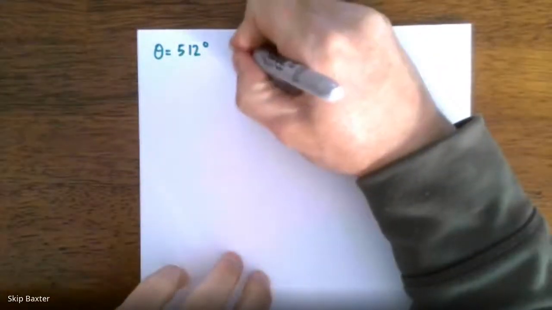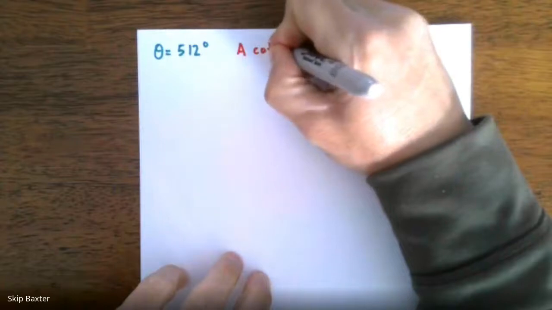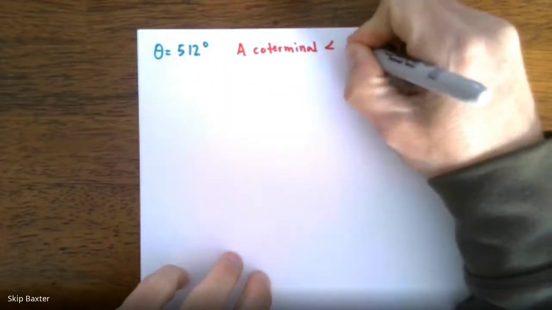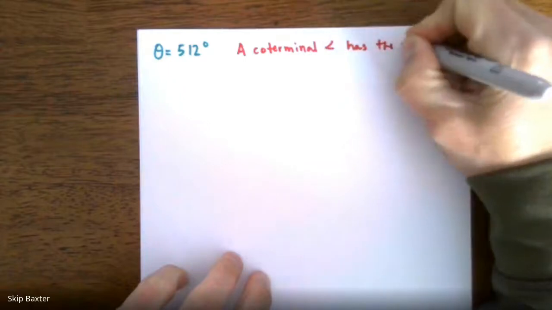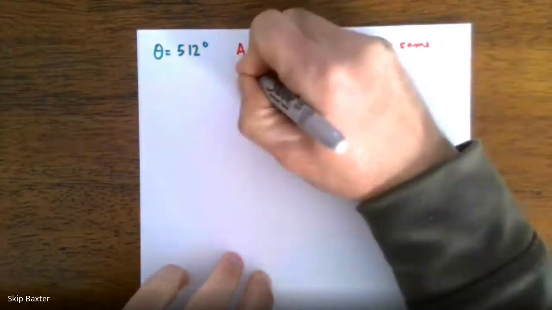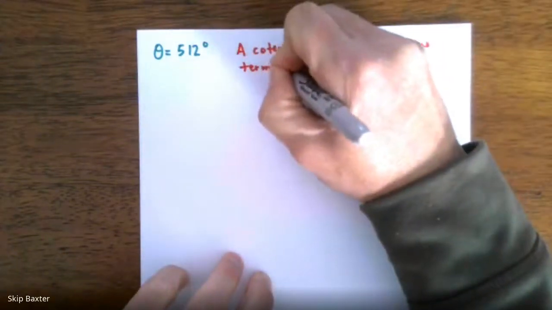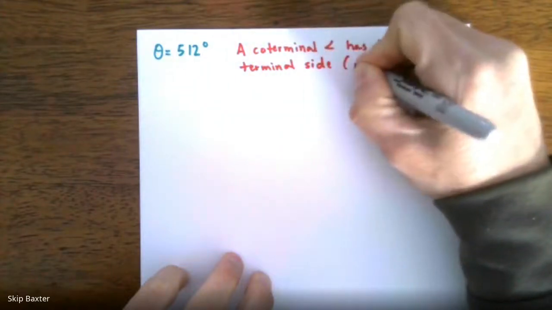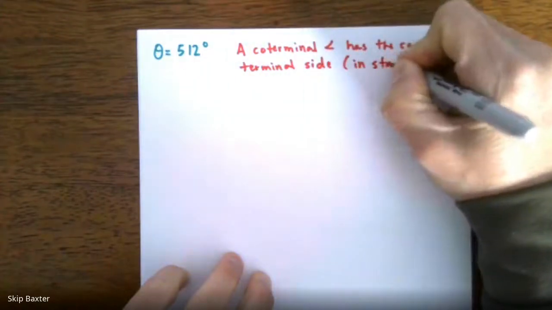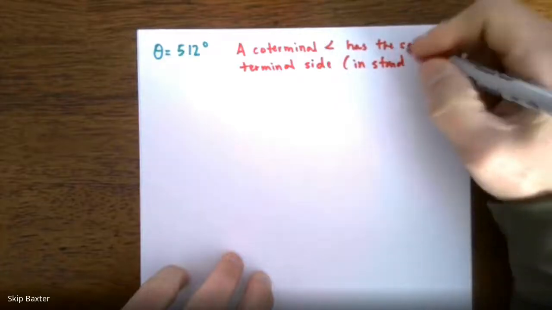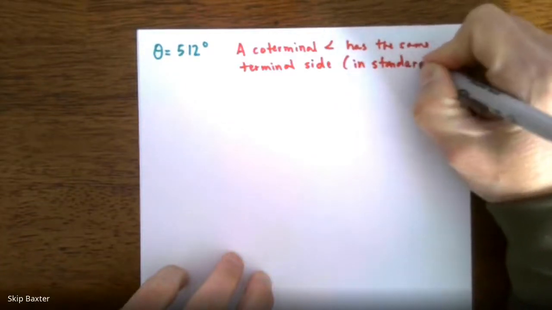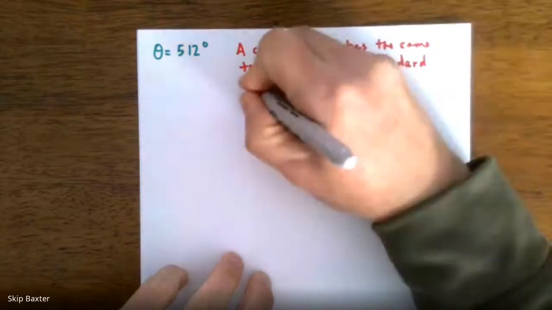So a coterminal angle has the same terminal side in standard position. Standard position is just starting from the positive x-axis and rotating counterclockwise.